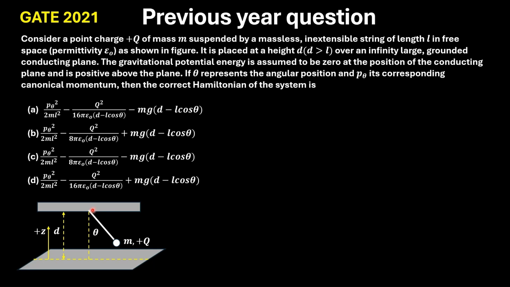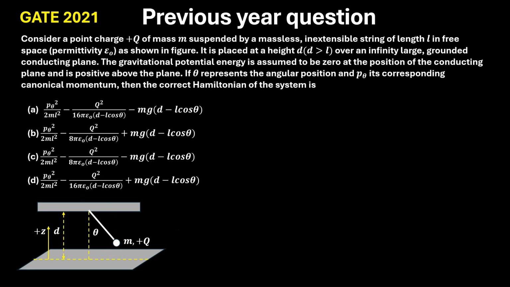In this question, we are given an oscillating system. Here we have a mass m with a charge plus q, and it is placed at a distance d from a conducting plane, and we have to find the Hamiltonian.